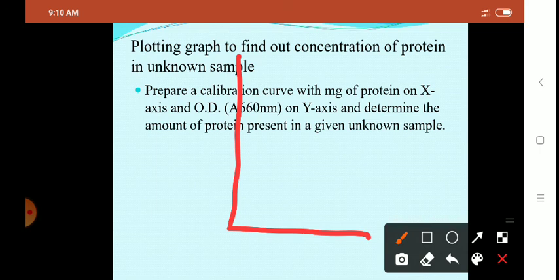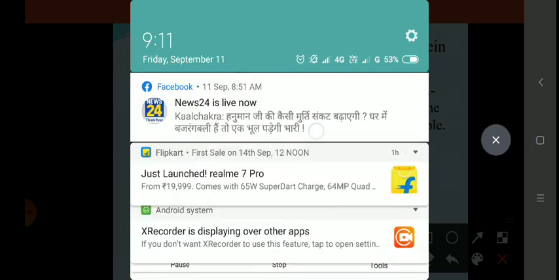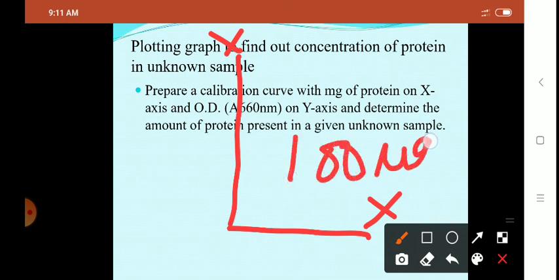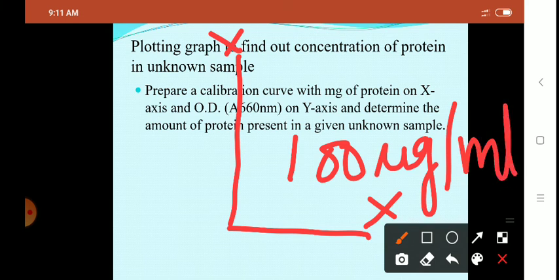Now understand how to write the concentration of protein. The solution which we used had 100 μg protein per ml. In the first test tube, we added 0.2 ml of protein solution.